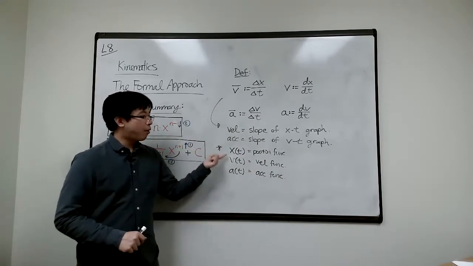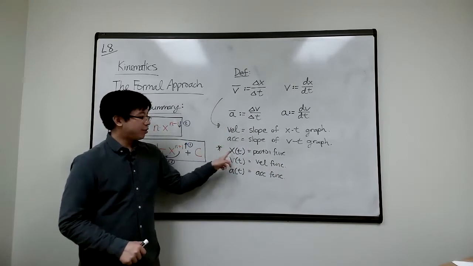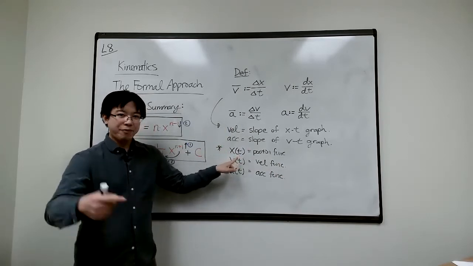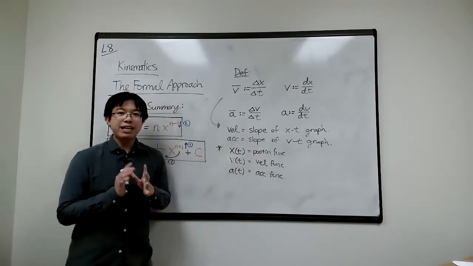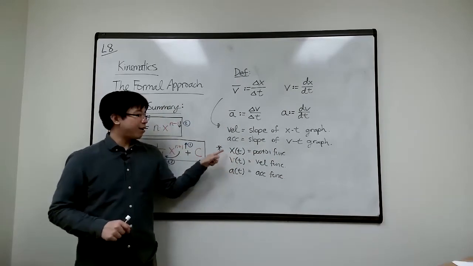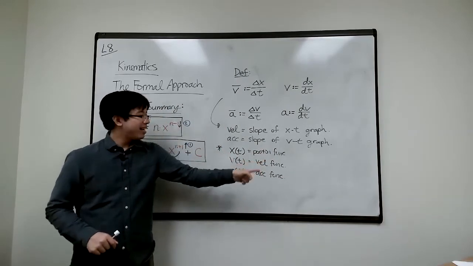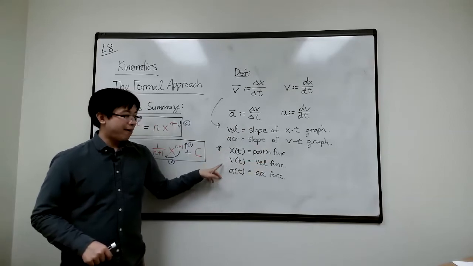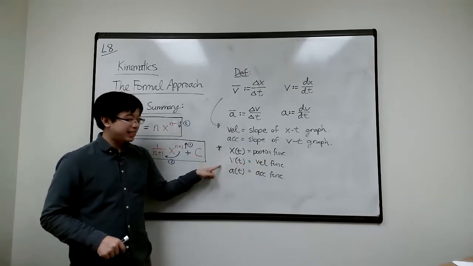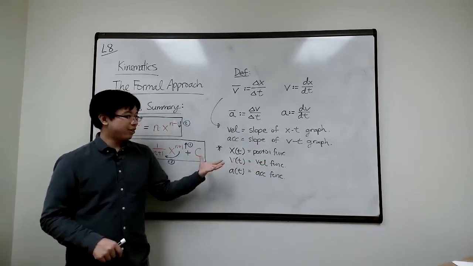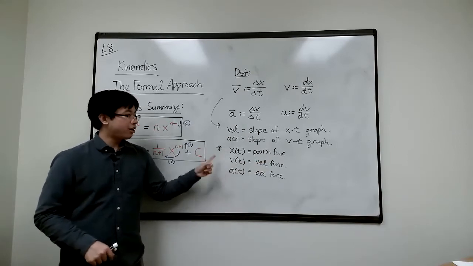We want to find the position at every given time. So this is a function. If I input the time, if I can find the position function, that means any time you give me, I'll tell you exactly where it is. If I have these as well, I can tell you the exact velocity of it and the exact acceleration, right? So see how powerful these functions are.